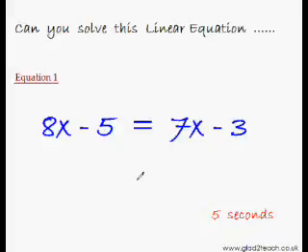We have already learned the method to solve the linear equation in the last video, isn't it? We just have to bring the variables on one side and the constants and the coefficient on the other, and we are done. So take this positive 7x to the other side and it will become negative 7x.